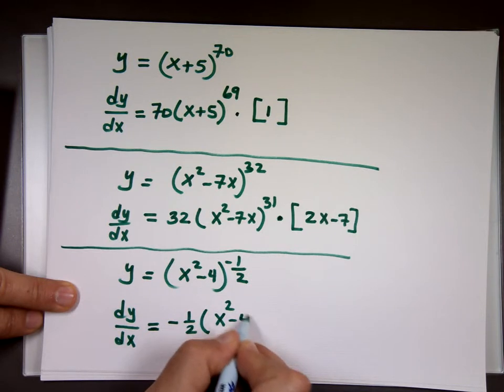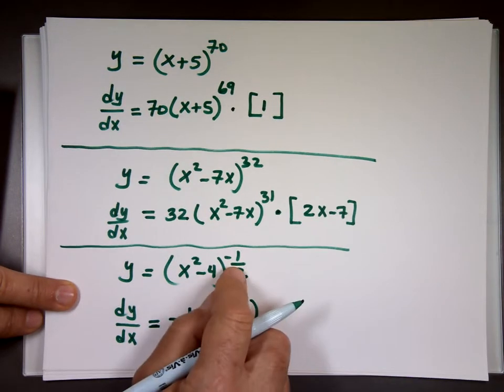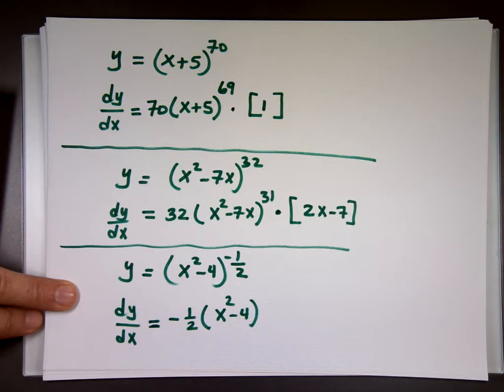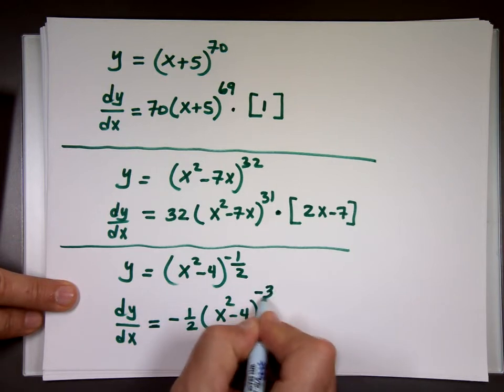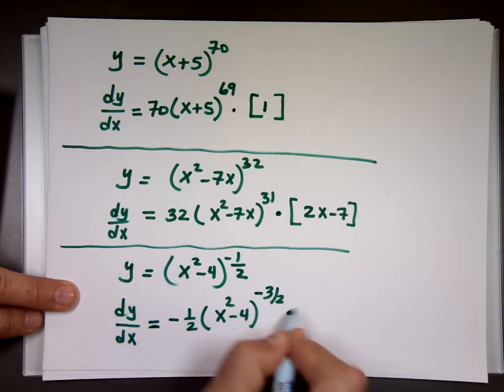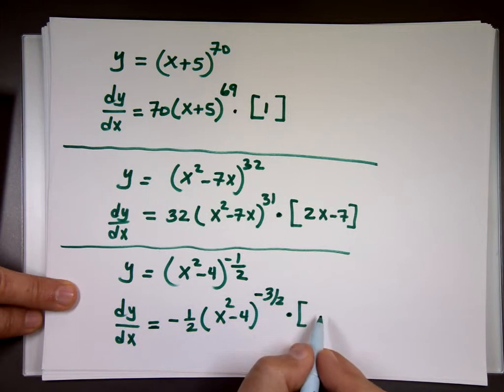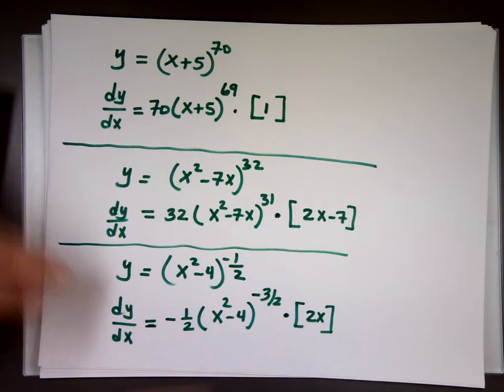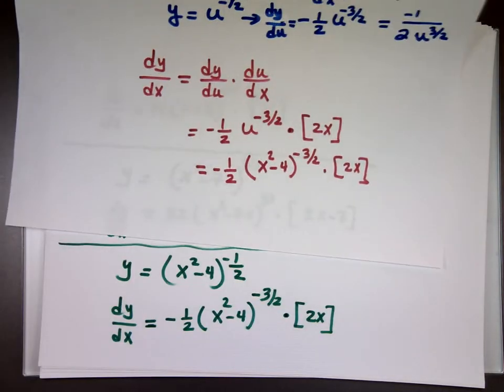Now subtract 1 from the power. What is minus 1/2 minus 1? Negative 3/2, times the derivative of what's inside the parentheses, which is 2x. Was that the answer for question number 3 we did?